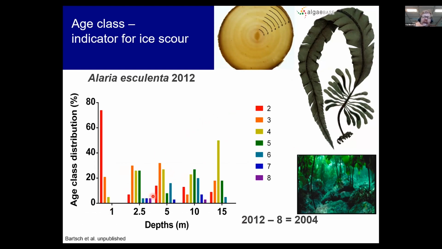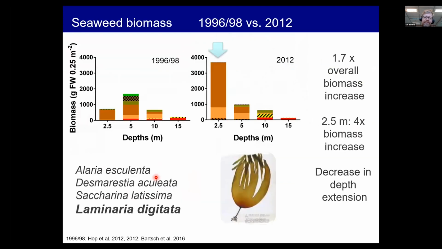We could determine that there were specimens which are about 8 years old. This is interesting because at that water depth, if there are plants which are 8 years old, they were not affected by ice scouring during that time. Ice scouring is a major driver in structuring benthic communities there, and the impact of ice was reduced at that time.